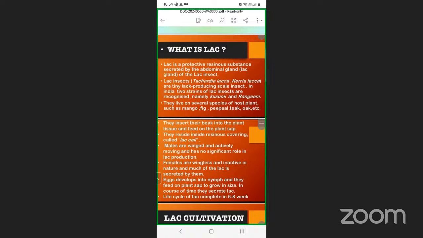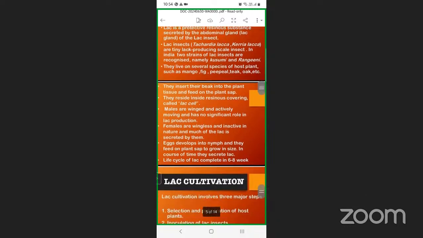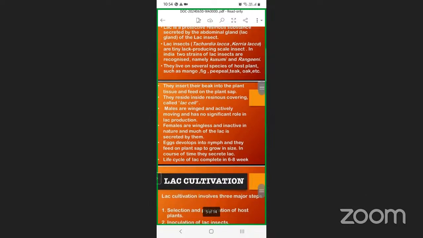In India, two strains of lac insects are recognized, namely Kusumi and Rangini. They live on several host plants such as mango, fig, peepal, teak and oak trees, inserting their beak into the plant tissue and feeding on the plant sap.